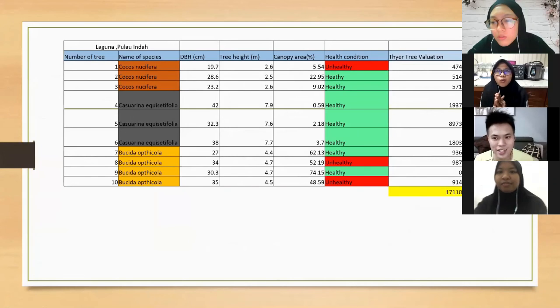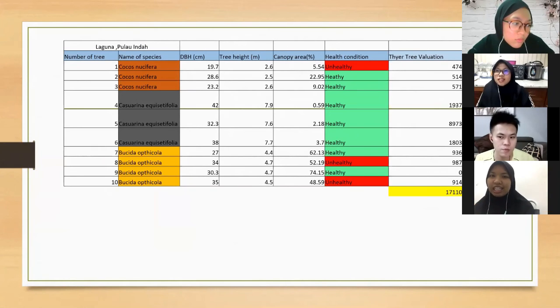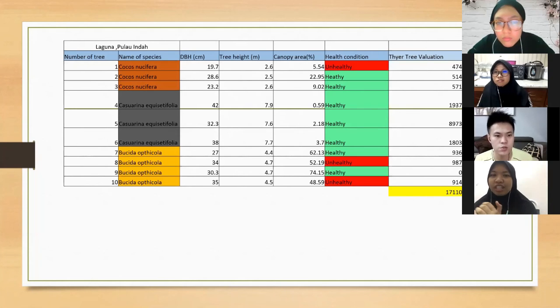Annie, what is your finding at Laguna Park, Pulau Indah? Okay, the site that I assessed is beside the ocean or seaside. The trees are Cocos nucifera and pokok ru, which is Casuarina.